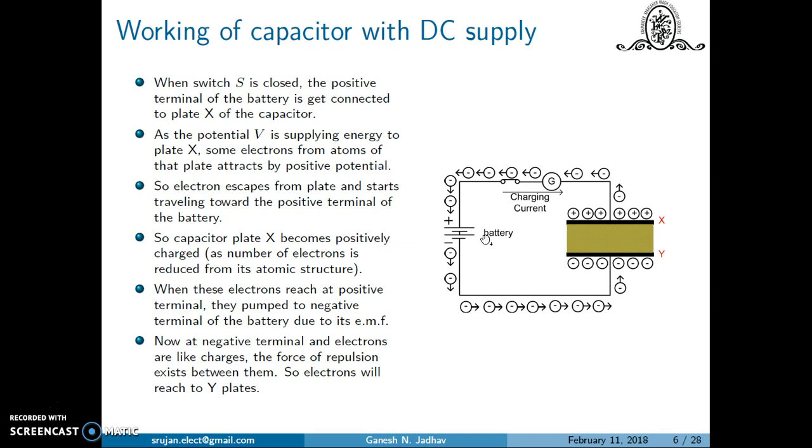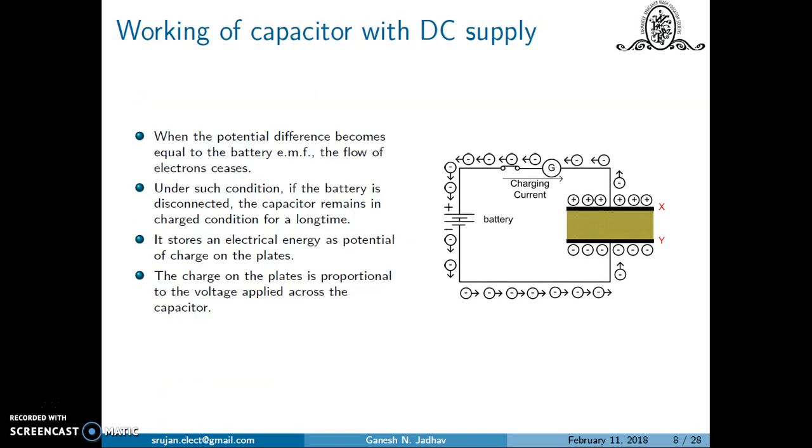This process continues until the potential difference across the plates is equal to the battery potential. When both potentials become equal, no charge will flow, hence the capacitor is fully charged with the voltage V. When the potential difference between X and Y becomes equal to the battery EMF, the flow of electrons ceases.